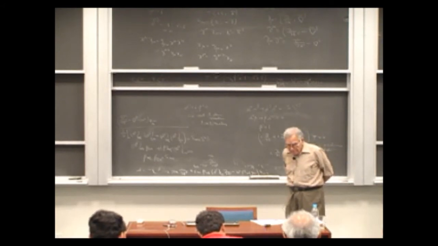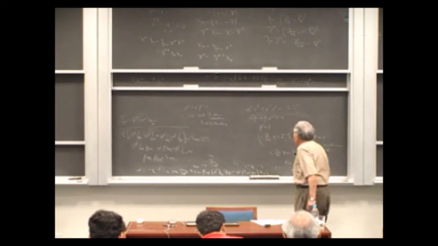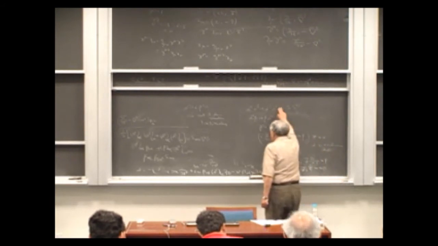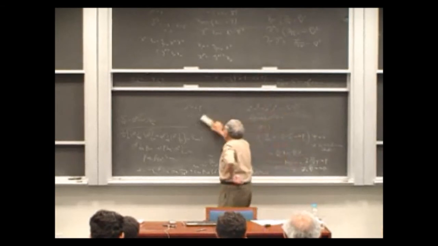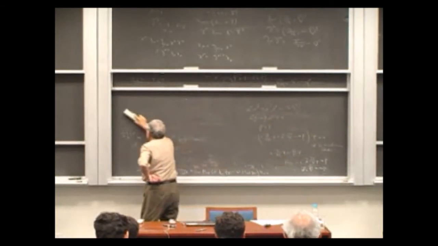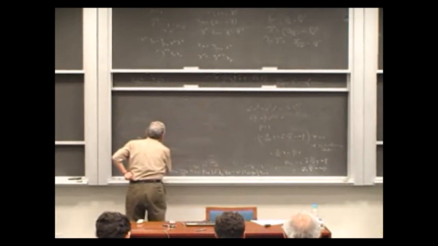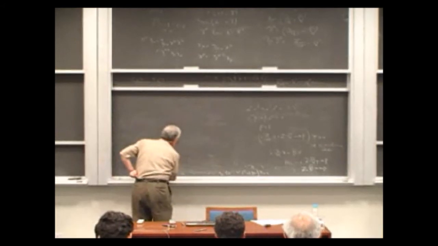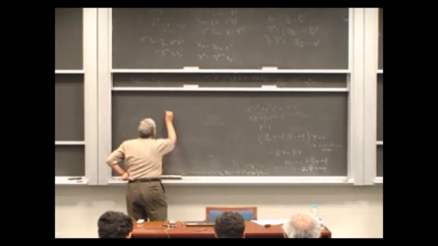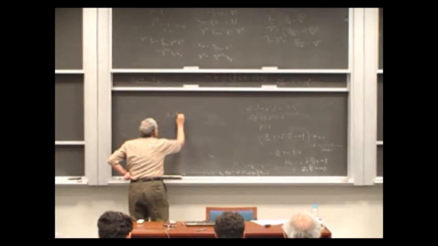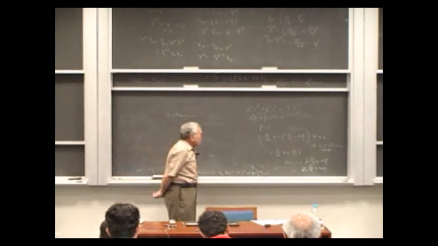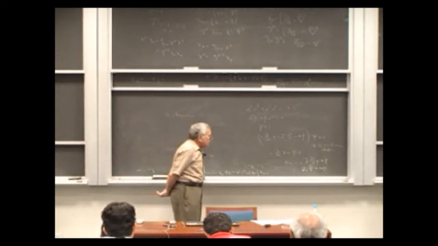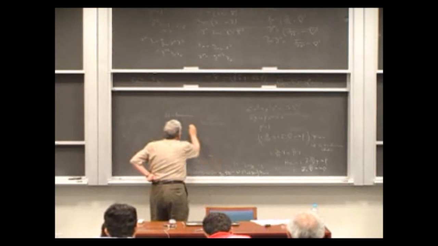Okay, now since the Hamiltonian has to be Hermitian, alpha and beta must be Hermitian.